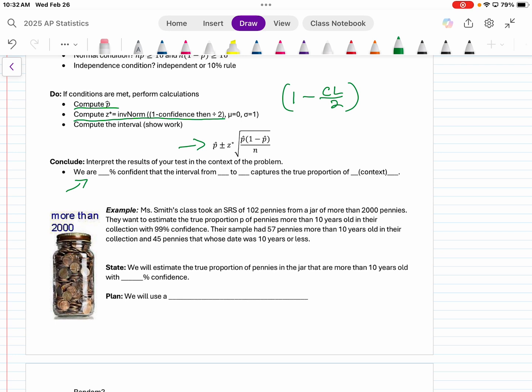Okay, great. We will estimate the true proportion of pennies in the jar that are more than 10 years old with 99% confidence. So there's our state phase.